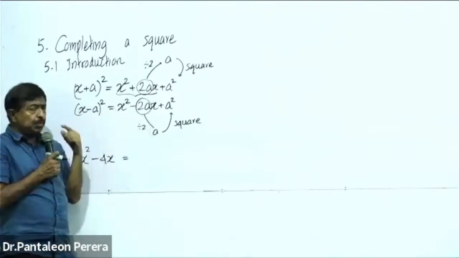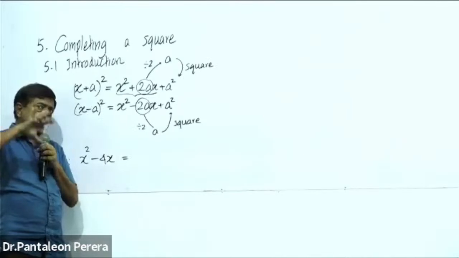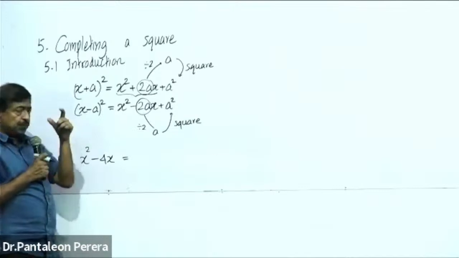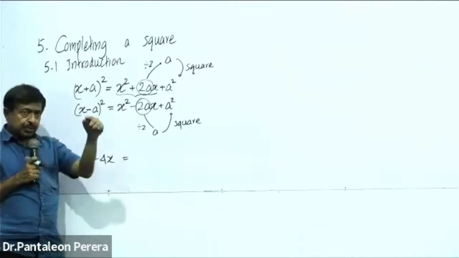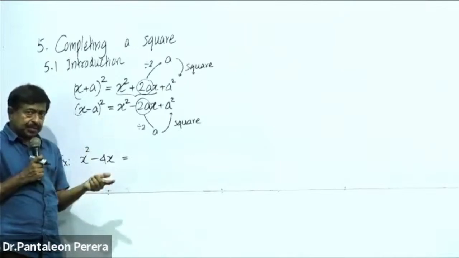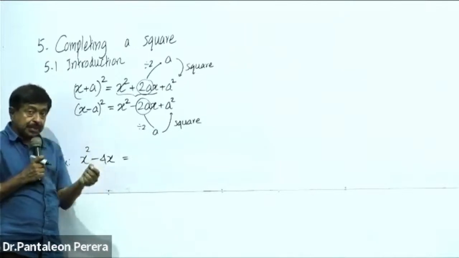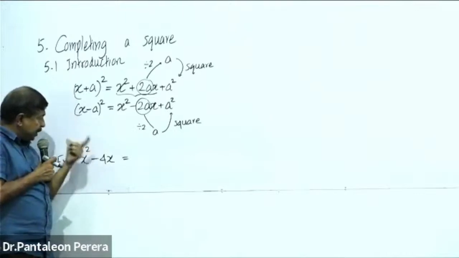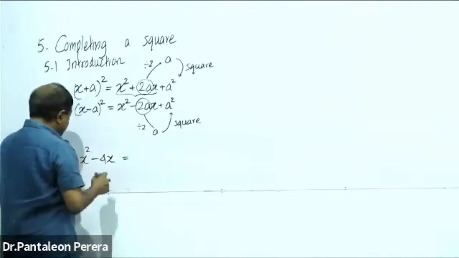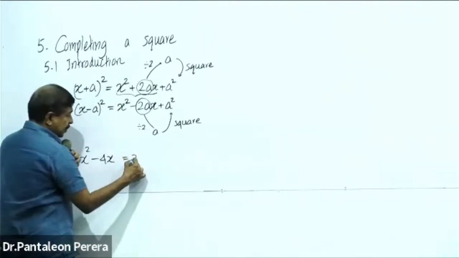If x is in two places and somebody asks you the range of the function, you don't know what to do. If you have a certain quadratic equation and x is in two places, it's hard to find x. It's hard to make x the subject. But if you have x only in one place, you can easily handle that. So that's the basic idea of completing a square.